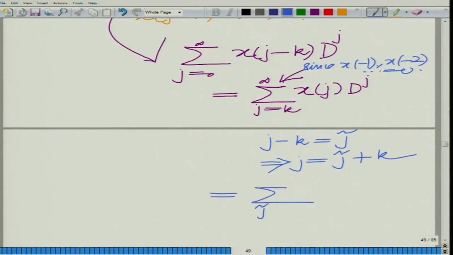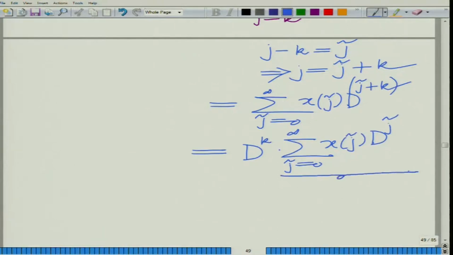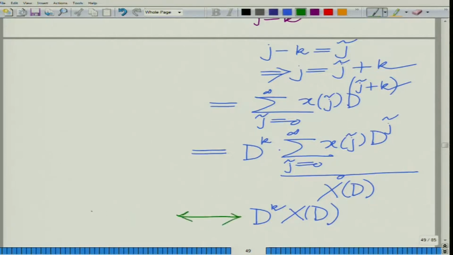So, this becomes the sum over j tilde equal to 0 to infinity of x of j tilde D to the power of j tilde plus k, and this you can clearly see is D to the power of k times the sum over j tilde equal to 0 to infinity of x of j tilde D raised to j tilde, and this you can clearly see is x of D. So, this is simply D to the power of k into x of D. So, the transform of x of j minus k is D to the power of k times x of D.